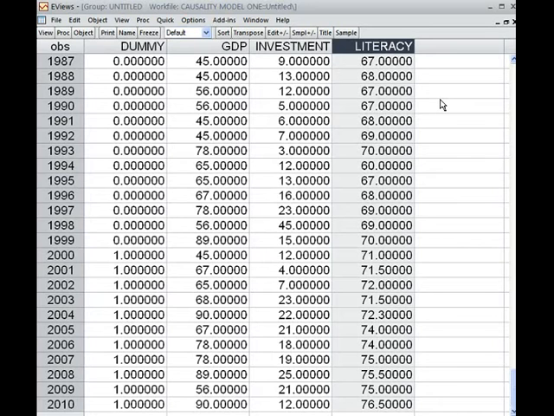That we want to check: whether the welfare state has a positive impact on the rate of literacy or not. That is the objective.